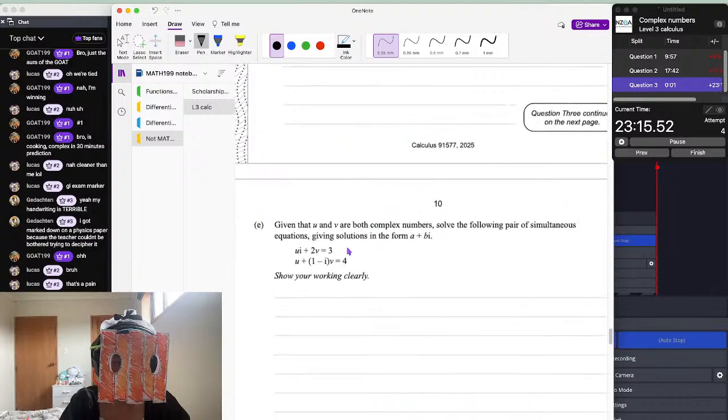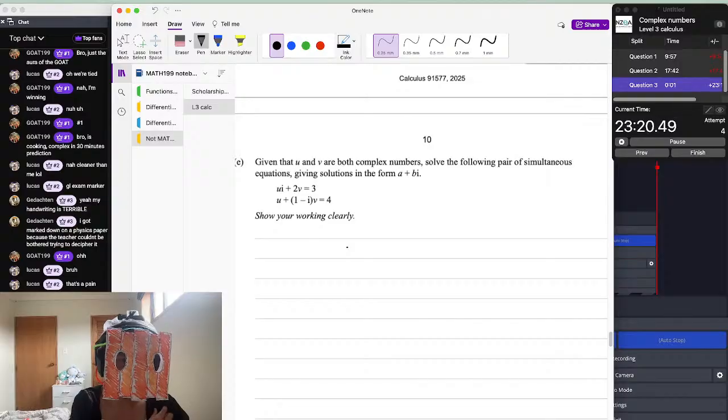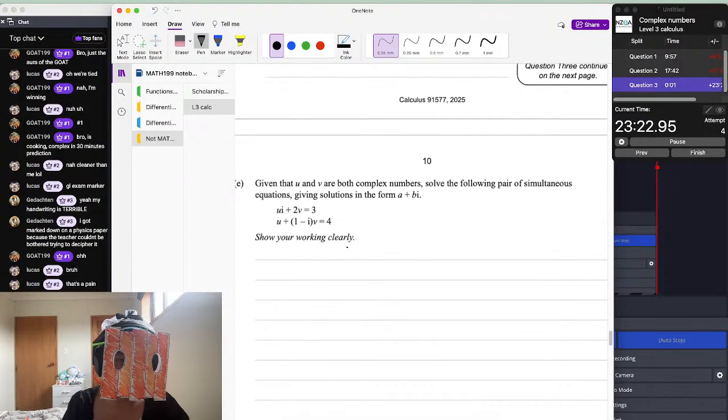Given that u and v are both complex numbers, solve the following pairs of simultaneous equations given the answer in the form a plus bi. Okay.